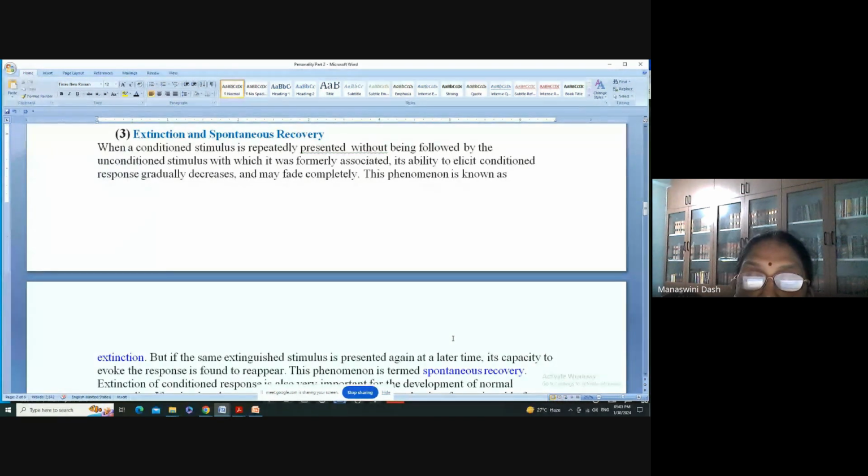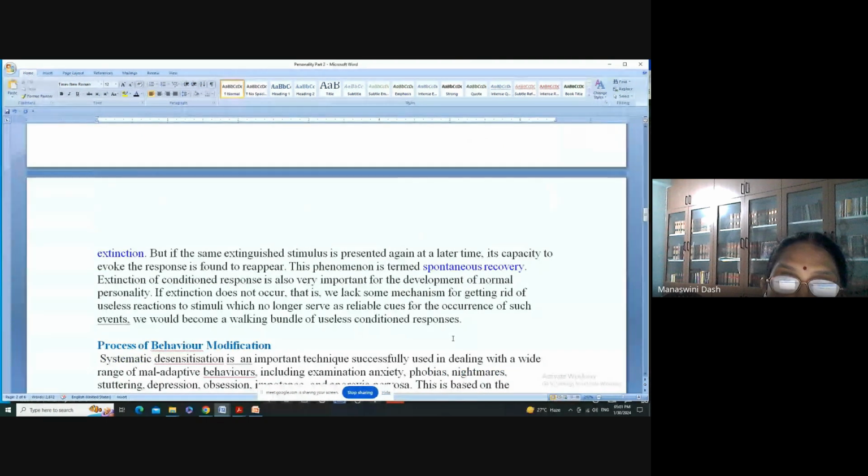So now the bell is not followed by the presentation of food, and for several times we present the bell and do not present the food. Then the bell loses its ability to elicit salivation.